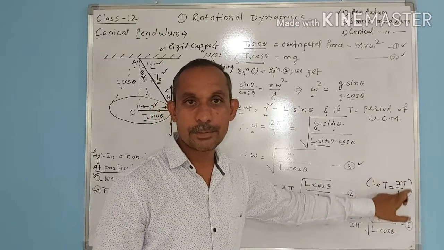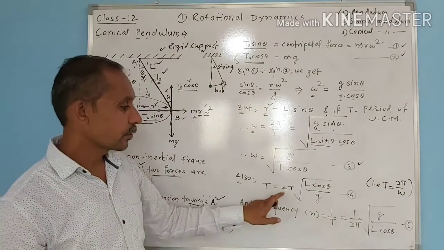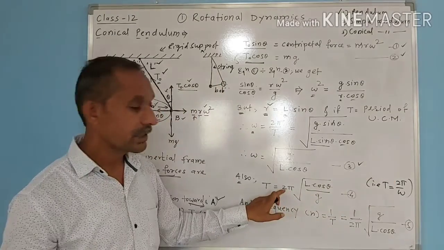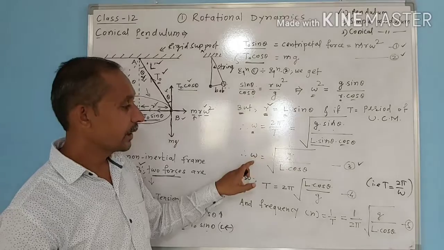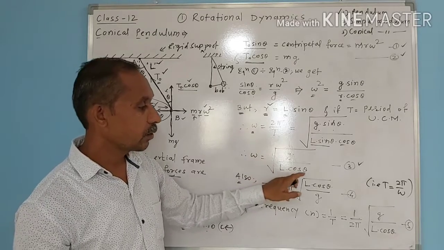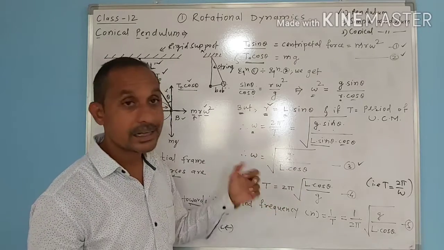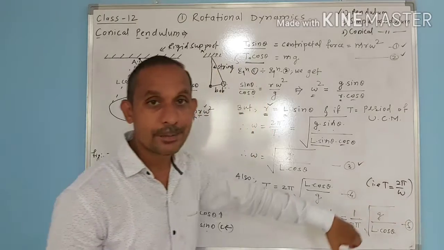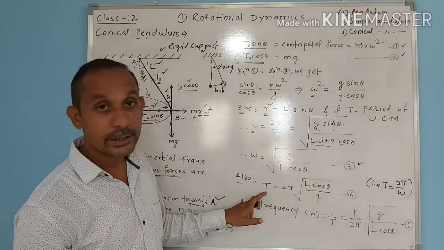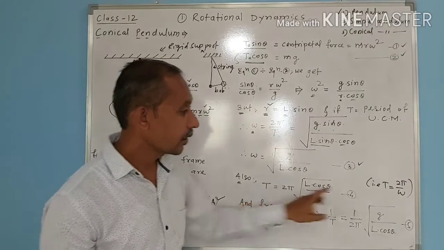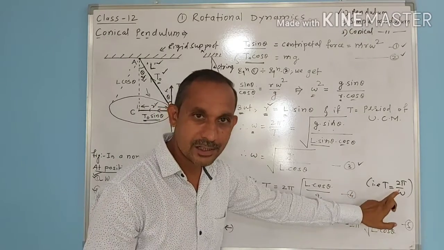T is equal to twice pi divided by omega. We know omega is the square root of g upon L cos theta, so the reciprocal, 1 upon omega, will be the square root of L cos theta upon g.